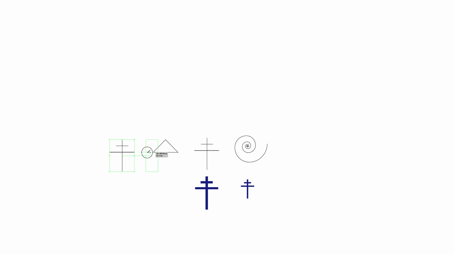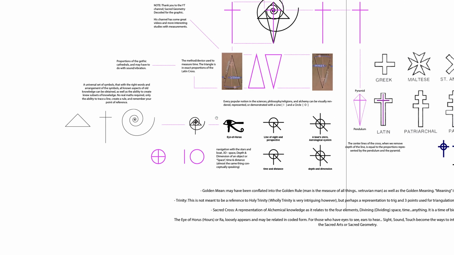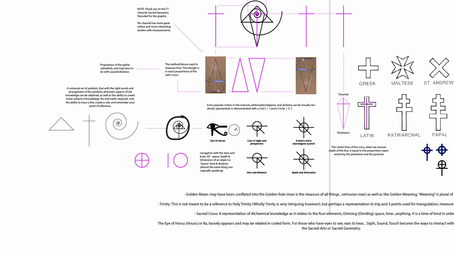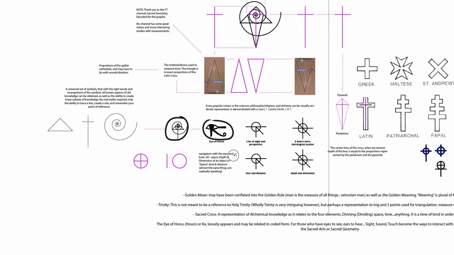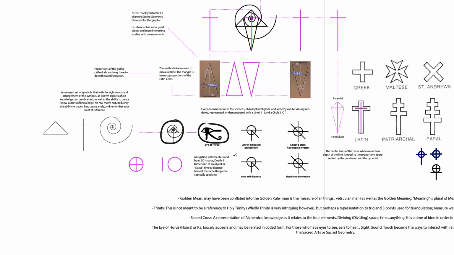And we can see that even this, without any help from me, is the exact proportions of the pyramid. And when we align those all together, it does give us this symbol, which is suspiciously similar to this.